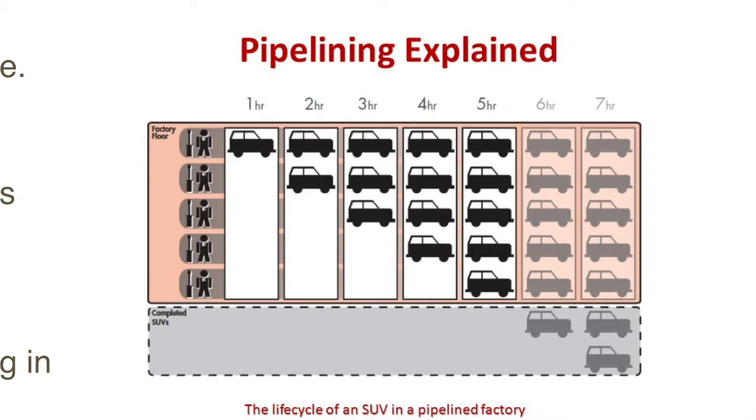This way, rather than having 5 cars, each one taking 5 hours, using 25 hours, we can use first 5 hours to fill the pipe plus 1 for each additional car. So for 5 cars, we get about 9 hours. Right? So that's why I say pipeline is natural, and in fact, you do it every day when you order food in the cafeteria or do the buffet.